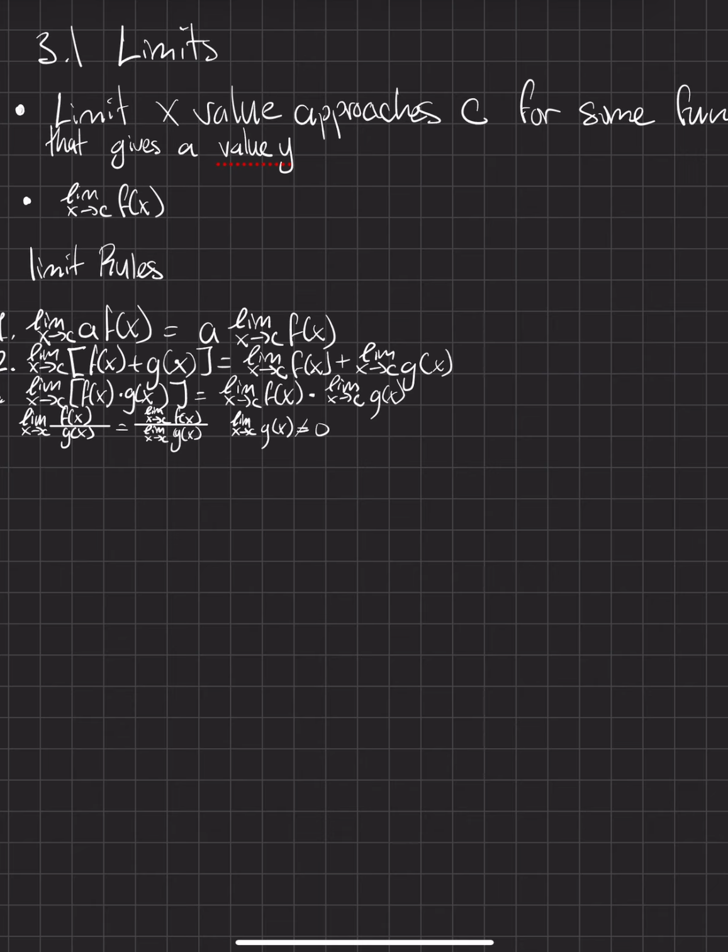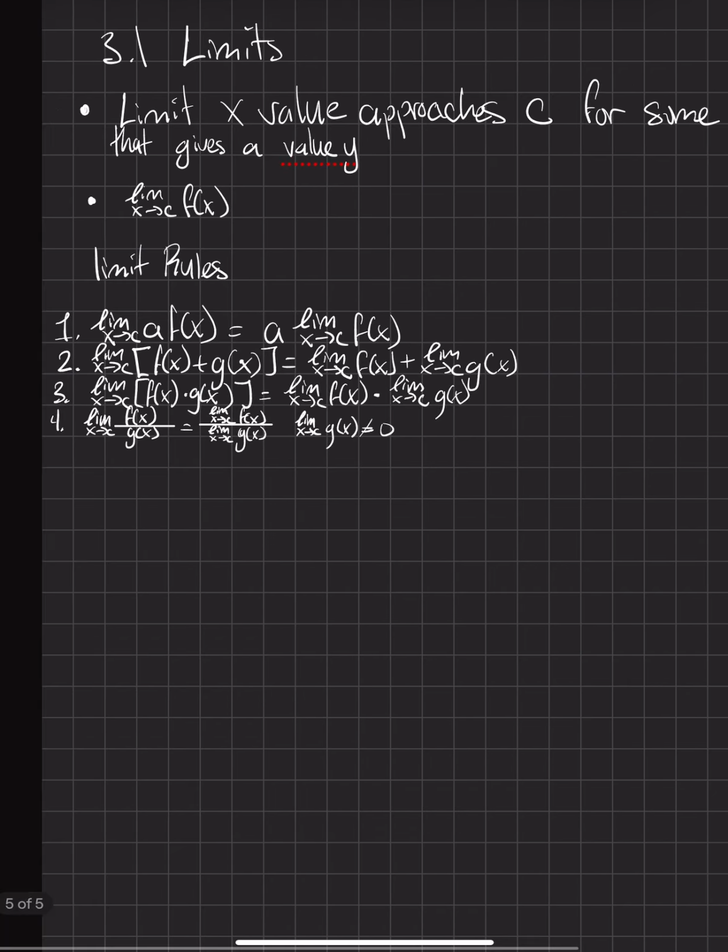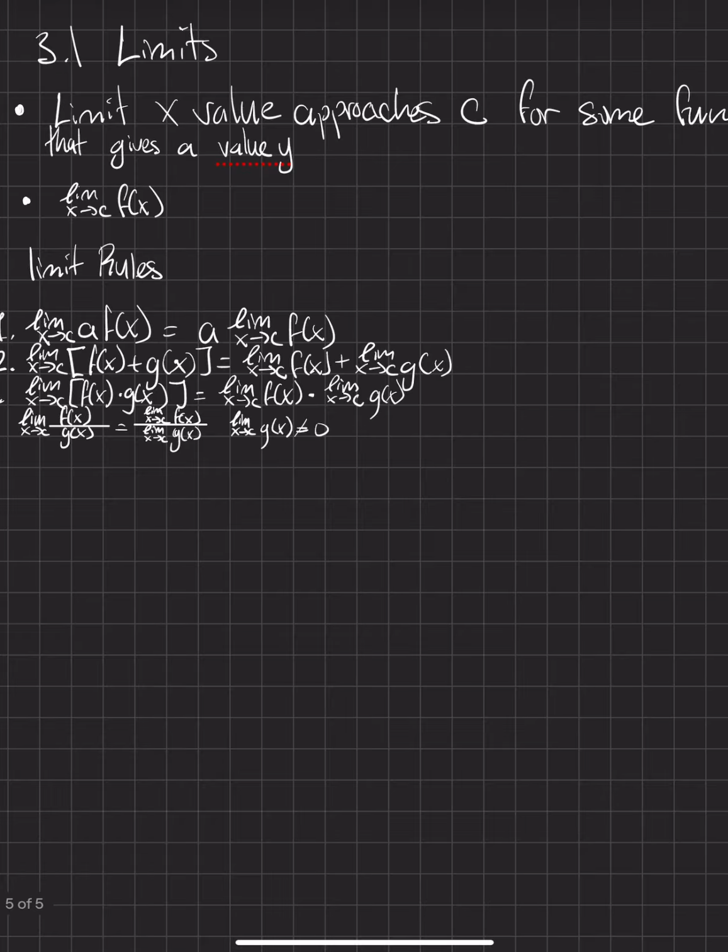But going forward, there are a couple of different ways that limit problems show up. The first one is what I like to call a direct input. With a direct input, let's go with the first problem here.